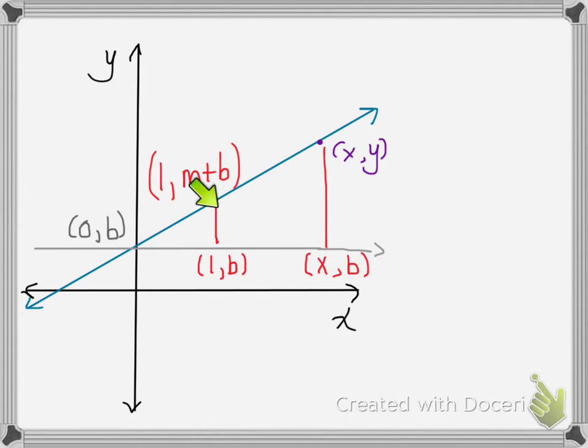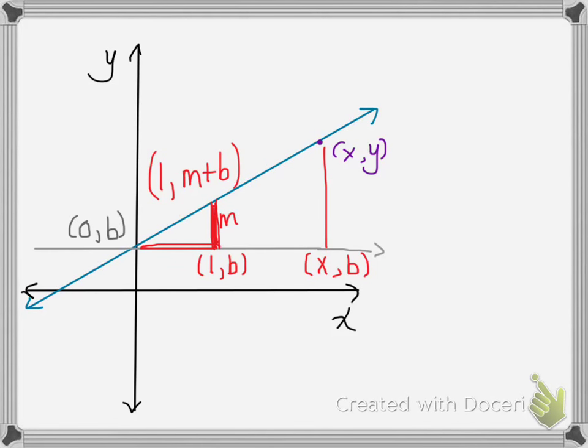And then up here, the x-coordinate is still 1. So that's where we get this. The y-coordinate, we're going from b, and remember this distance here is m. So that's our slope. That's why we've chosen that horizontal distance of 1 here, so that we could have the slope on this diagram.